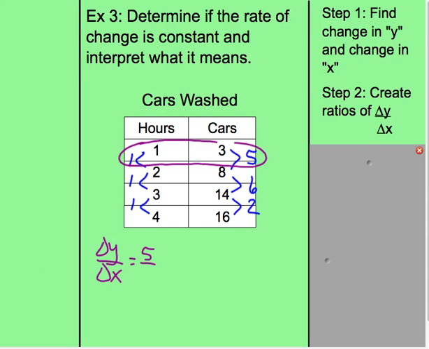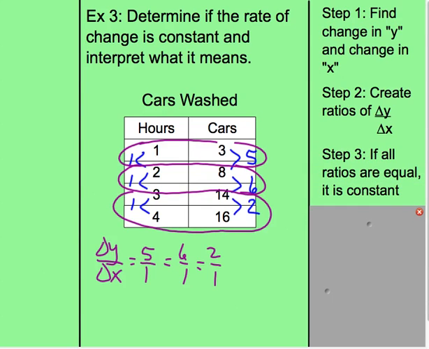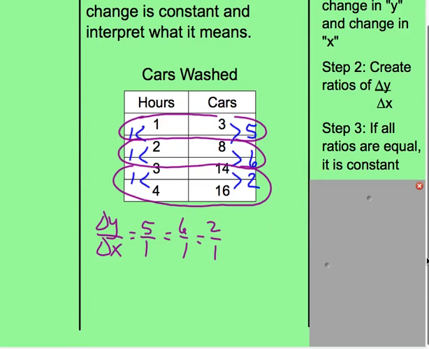So we have 5 over 1 for our first rate of change. Second rate of change is 6 over 1. And our third rate of change is 2 over 1. Sorry about the bell, I wasn't paying attention to the time. These ratios are not constant, so we do not have a linear function.